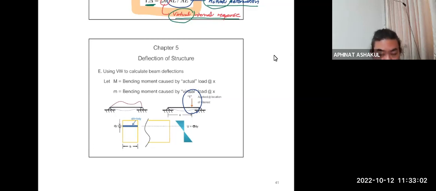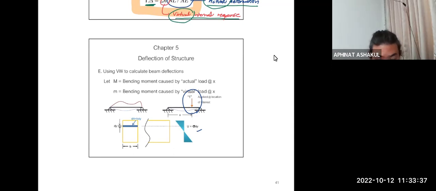But a little problem with this is that stress in your flexural member is not constant. So we are talking about the stress that keeps varying throughout the cross section. So in order to get the internal response multiplied by the internal displacement, you need to calculate the displacement in each area of your beam multiplied by the internal response.